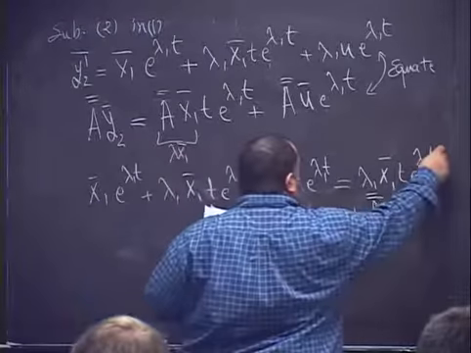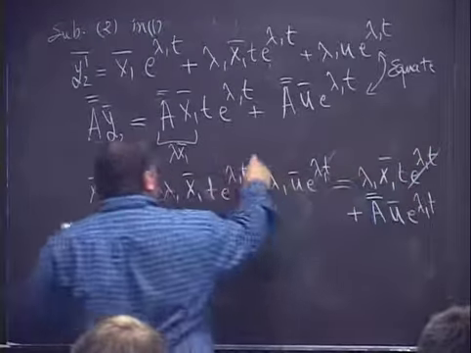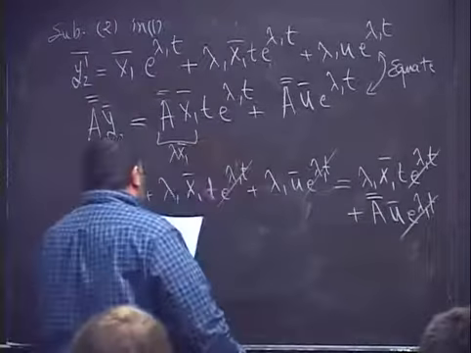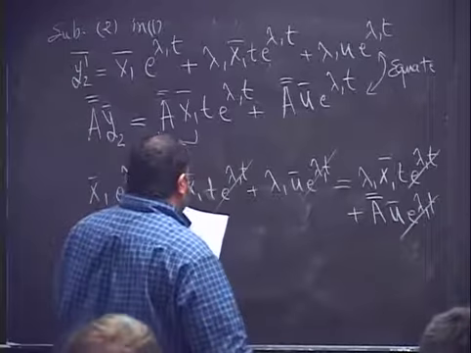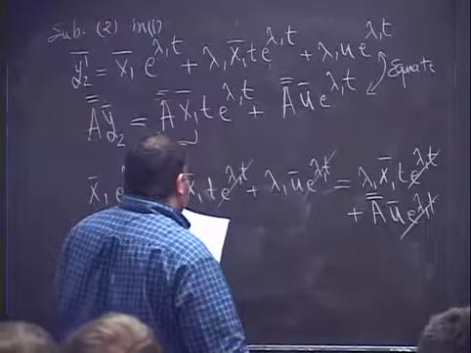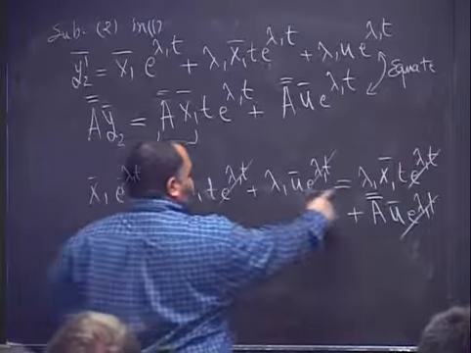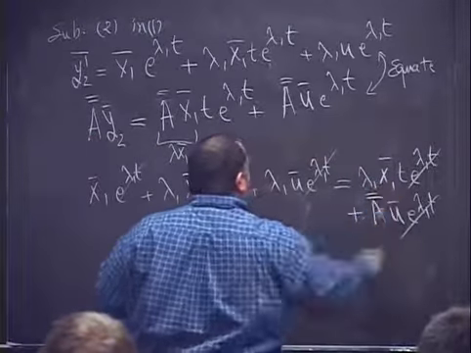First of all, we cancel e to the power of lambda 1 t from all sides. Then lambda 1 x1 t and lambda 1 x1 t cancel out.